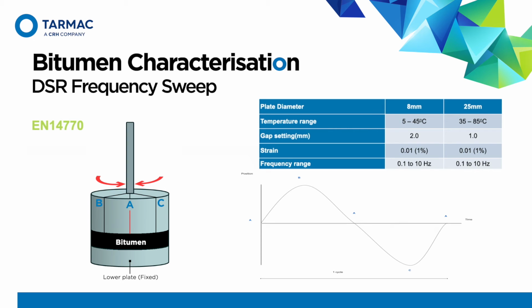The strain is usually limited to around 5% so as not to be involved in the nonlinear behavior, while the frequency changes at each temperature from 0.1 to 10 Hz. Basically, in one cycle, the material is exposed to shear stresses by moving, as can be seen, from point A to point B to point C and then back to the middle, which is known as one cycle.